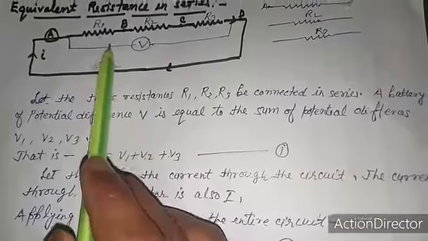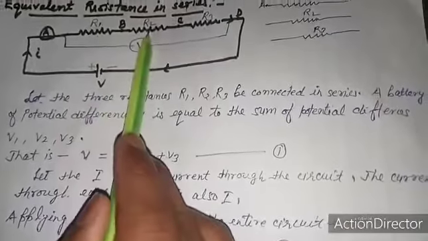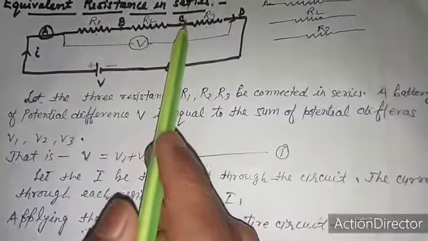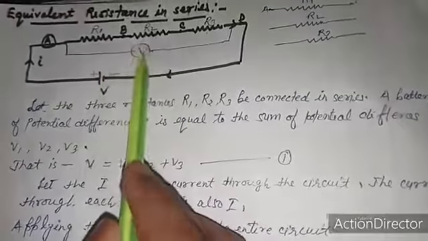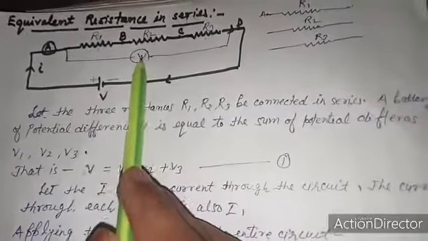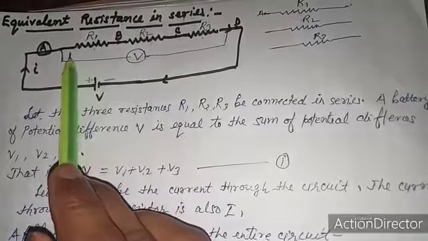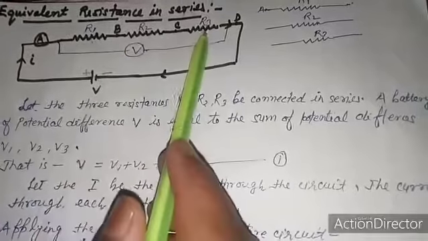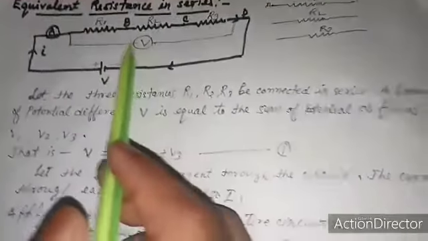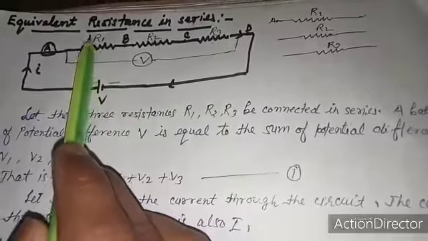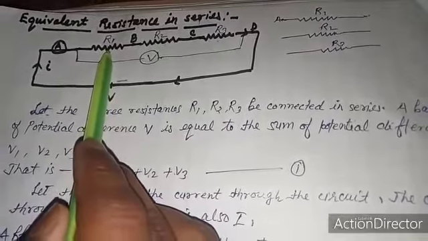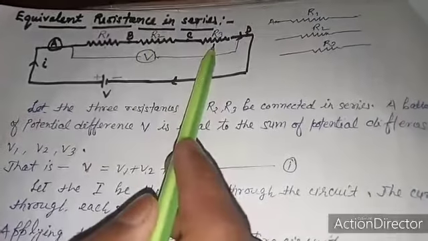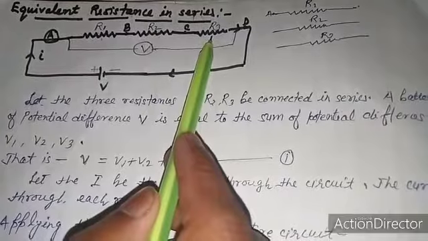Let the three resistances R1, R2 and R3 be connected in series. A battery of potential difference V is equal to the sum of potential difference of three resistors. Potential difference of resistor R1 is V1, R2 be V2 and R3 be V3 individually.